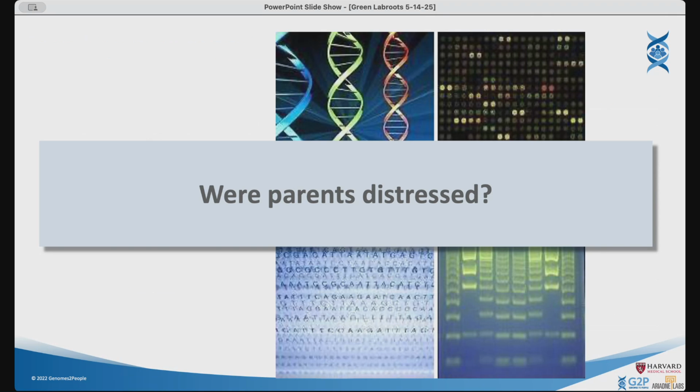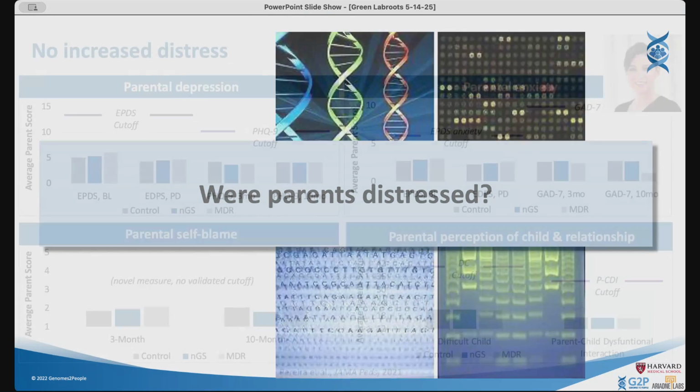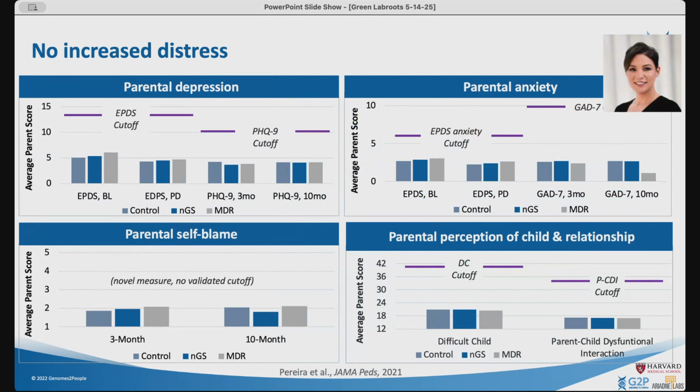The parents were not distressed. Now, keep in mind that these parents were self-selected, right? But our randomized clinical trial format allowed us to rigorously look with validated scales of parental depression, anxiety, and child-parent bonding in these three columns you can see here: the controls that didn't get sequencing at all, the dark blue in which people got sequenced, but they didn't necessarily get anything concerning back, and the subset of babies that got a monogenic disease risk, where you would have expected the most distress, is the gray bars.